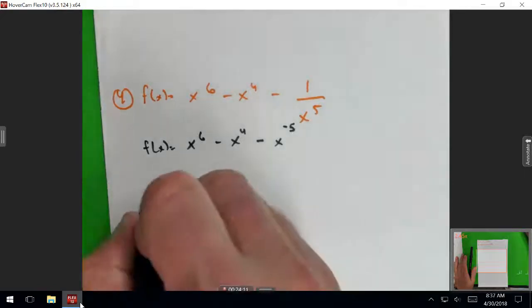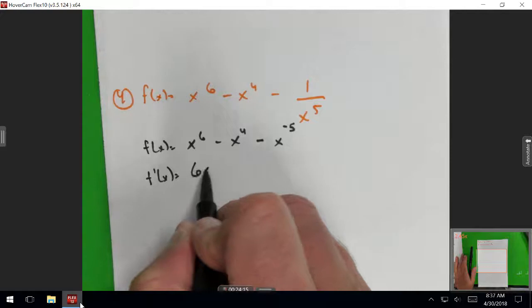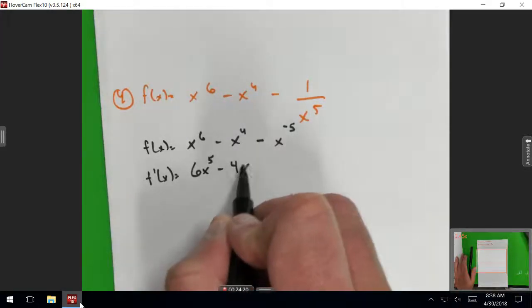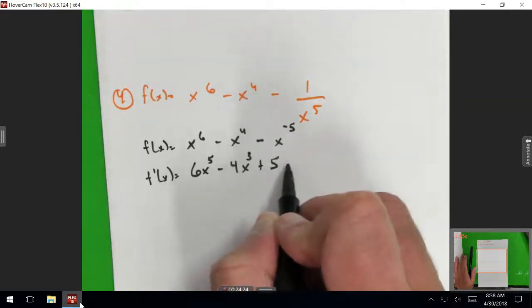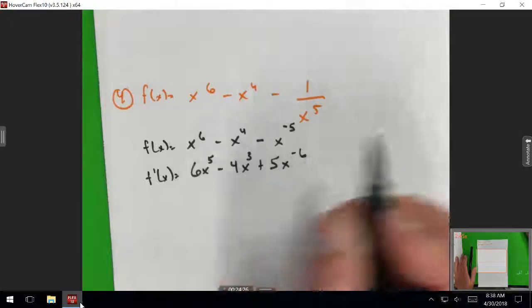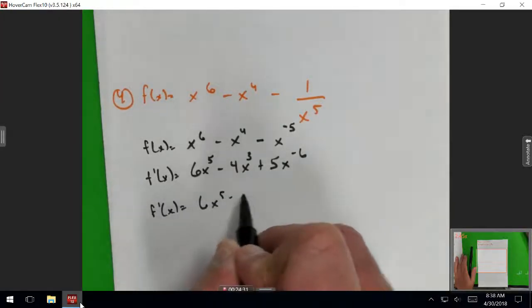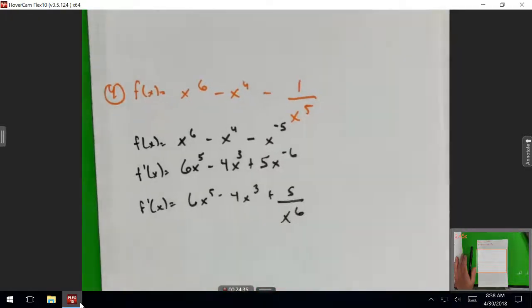Now, we're ready to find f prime. 6 times 1 is x to the what? 4 times negative 1 is x to the negative 5 times negative 1 is positive 5, x to the what? Okay, now write the final answer. You see I wrote that final answer there. These are so much quicker than a long definition.